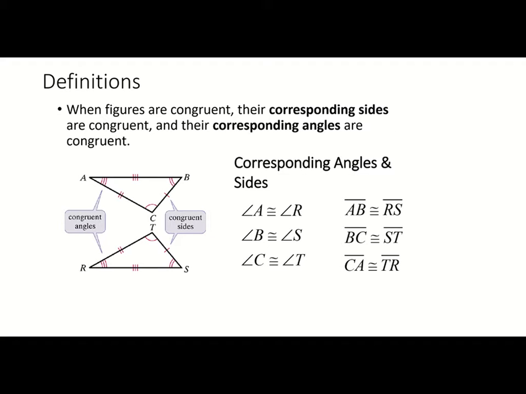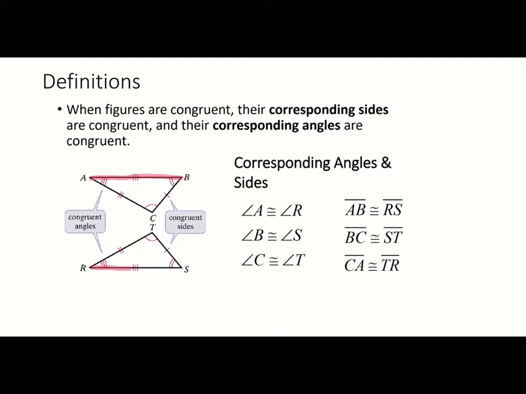Okay, when you have congruent figures, they're going to talk about corresponding sides and corresponding angles. Corresponding sides are always going to be the sides that have the same measure. So here, for instance, side AB corresponds to side RS.